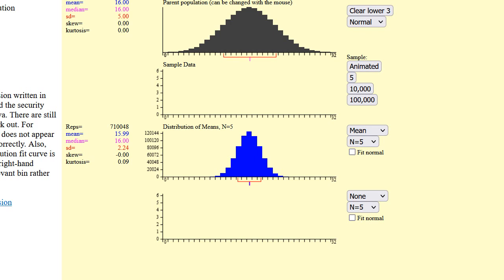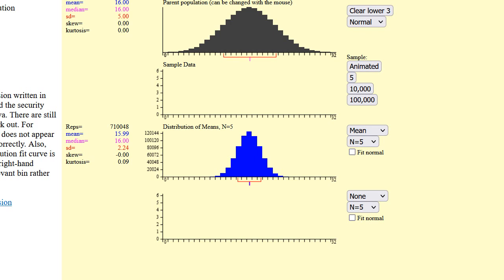And we notice that the spread in this distribution is smaller than the spread in the parent distribution. So this distribution, that is a sampling distribution. Now notice that the center of this distribution is the same as the center of the parent distribution. Up here, the mean is 16.